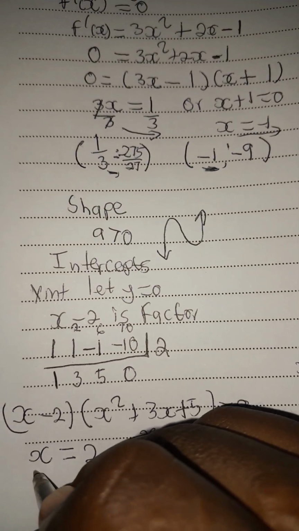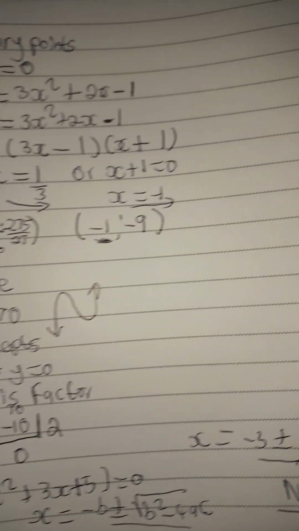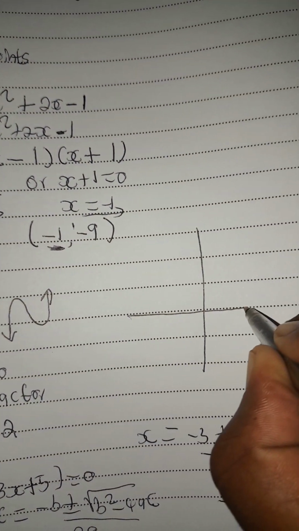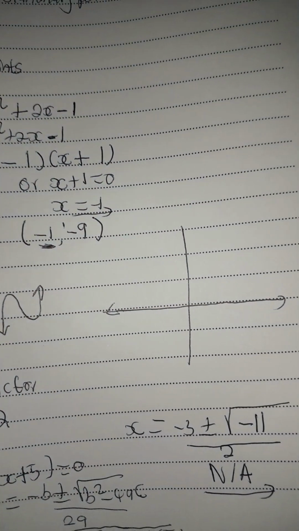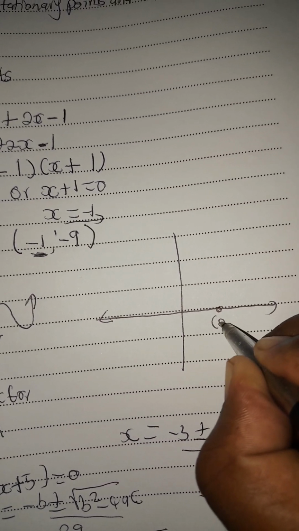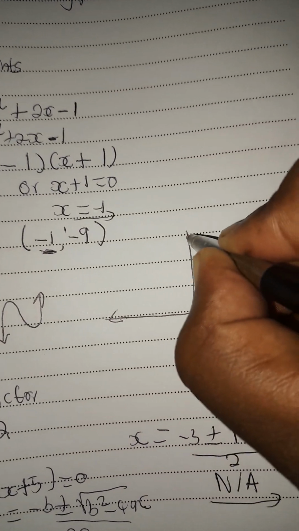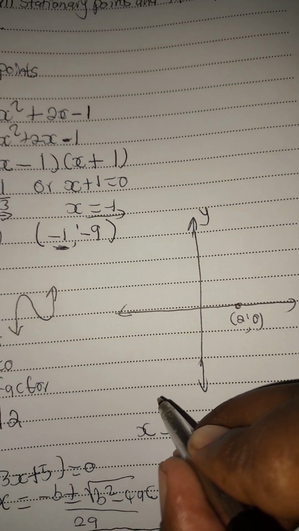So our value is x as 2, right? That's going to be the x-intercept. So let's place our values so we can sketch now. We can see that our x value is 2, the coordinates 2 and 0. And don't forget that this is the y-axis and this is the x-axis.